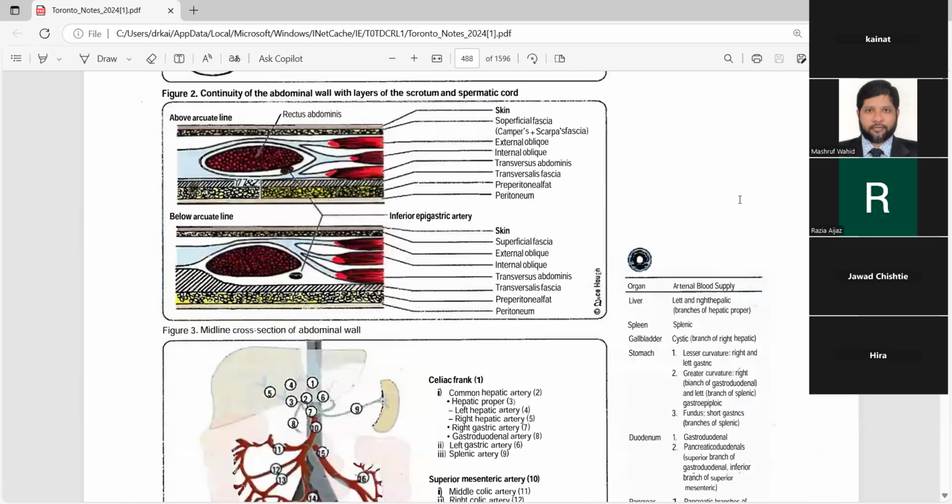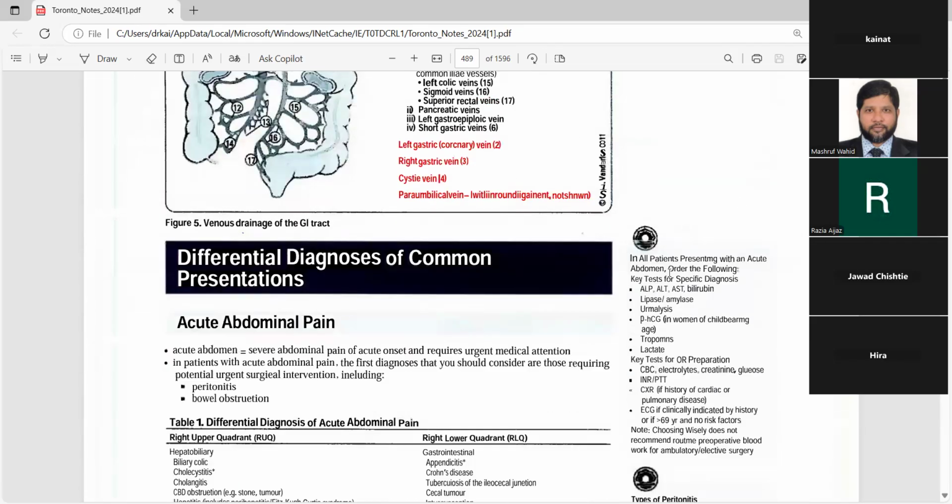But when it comes to here, if you can see, in all patients presenting with acute abdominal pain, order the following. So these are all the blood works that you have to do. But it means, let's suppose a 30-year-old female comes to you with abdominal pain, what is the main test that you would like to do in this patient? Beta HCG. Before doing anything else, you would like to rule out pregnancy, then move on to anything else.